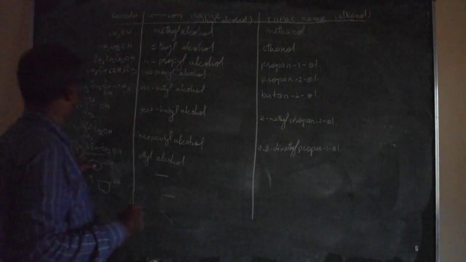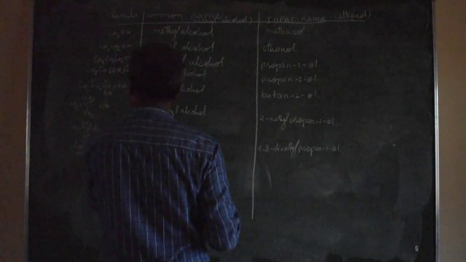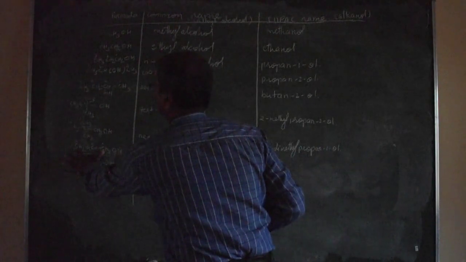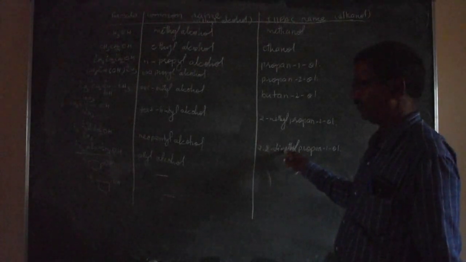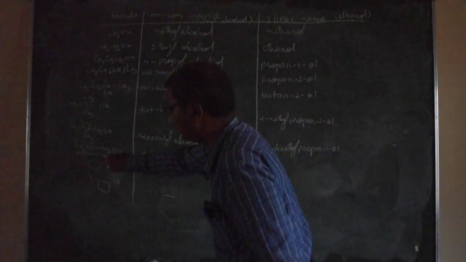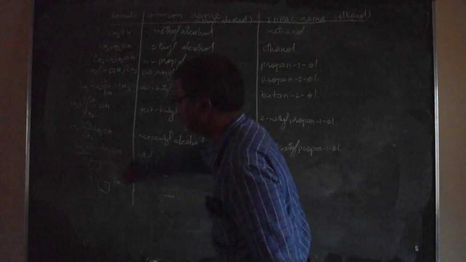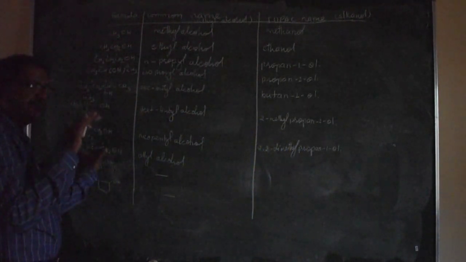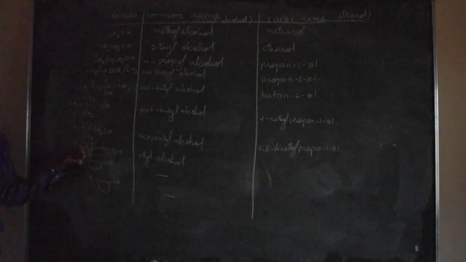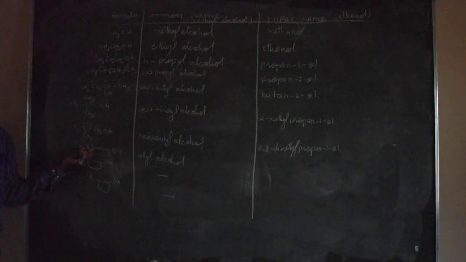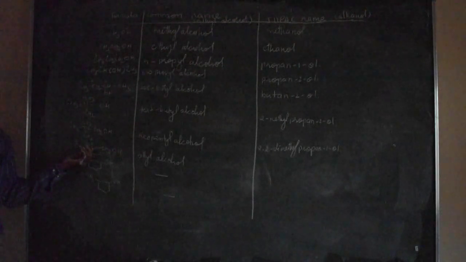Now the name of this compound: the total number of carbon atoms in this hydrocarbon chain, there is no substituent, so no prefix. It is a long chain of 3 carbons, so prop. Afterwards we have a double bond, that's en. We know a double bond is en, a triple bond is called yn.